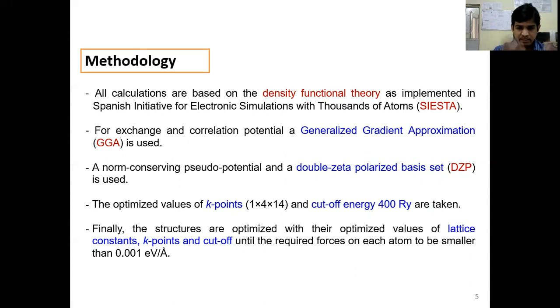On the basis of the outputs, when the system gets to an equilibrium position, the further analysis is processed, and the forces between the atoms must be around 0.001 electron volt per angstrom. This value can be modified according to us.